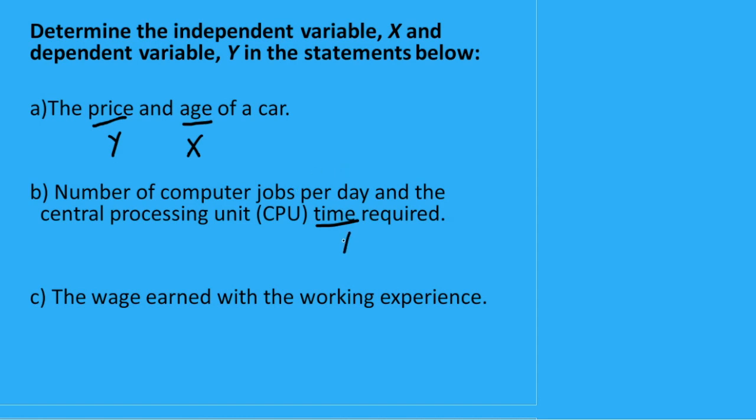This would be y, and x would be the number of computer jobs per day. Next, we have wage and working experience. So the wage or the salary always depends on the working experience.